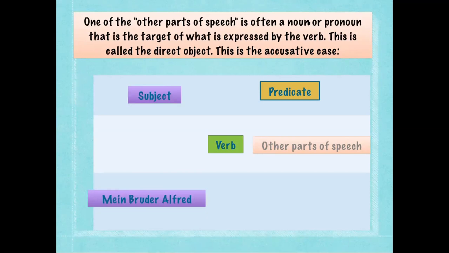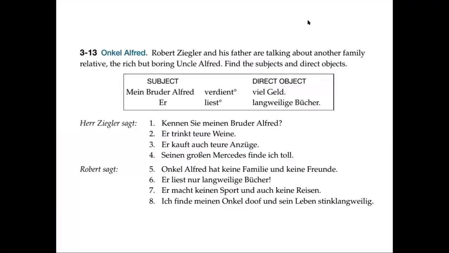So, mein Bruder Alfred lernt gern Deutsch. So, mein Bruder Alfred, my brother Alfred, learns gern Deutsch. Okay, so he likes to learn German, or he likes to study German. And the way we're going to practice this is in your textbook right at the beginning, exercise 313, Onkel Alfred.